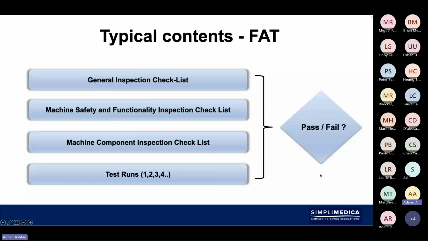So here, when we get to the factory acceptance test, you will have that checklist, and that could be a general inspection checklist, but you will also have your machine safety and functionality inspection checklist, machine component inspection checklist, and you would also typically run some level of samples through the equipment and have the acceptance criteria.